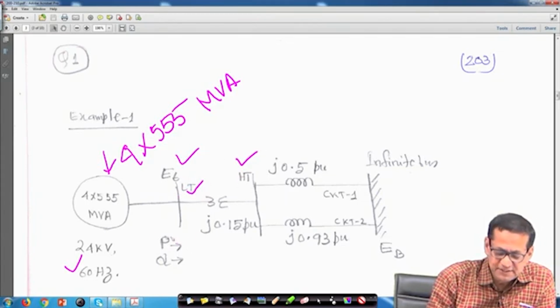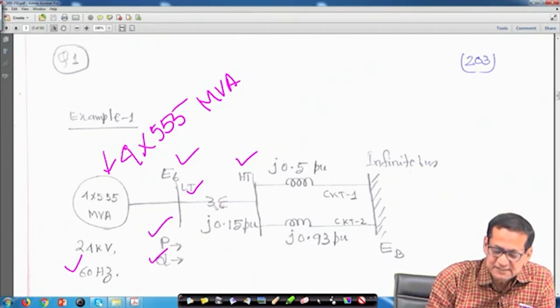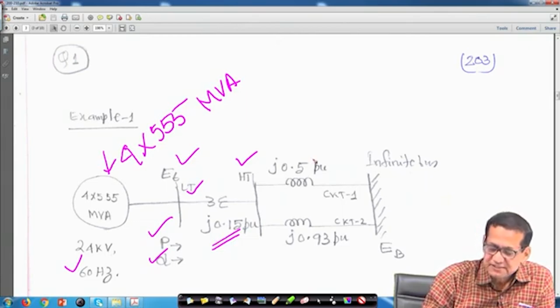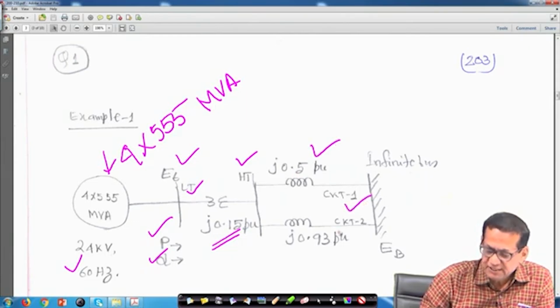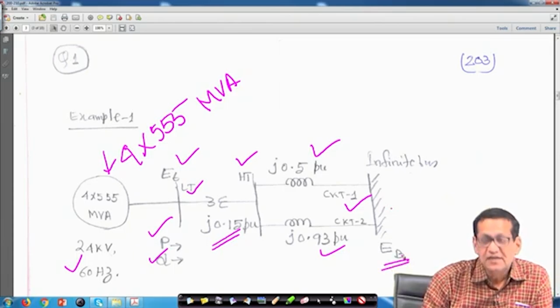This is the power flowing, real power and reactive power. Data will be given. The transformer has only reactance considered, J 0.15 per unit. This is a double circuit line, with J 0.5 per unit reactance for circuit 1 and J 0.93 per unit for circuit 2, and this is the infinite bus with voltage E b.